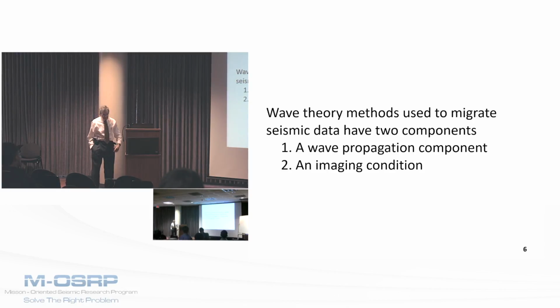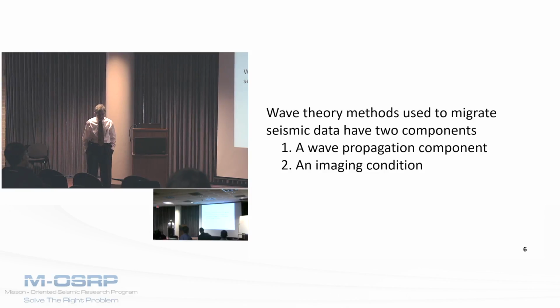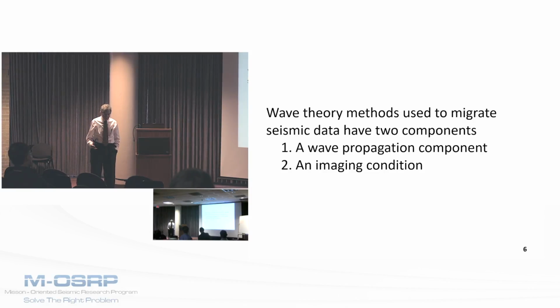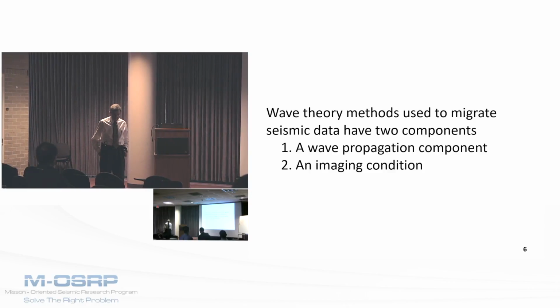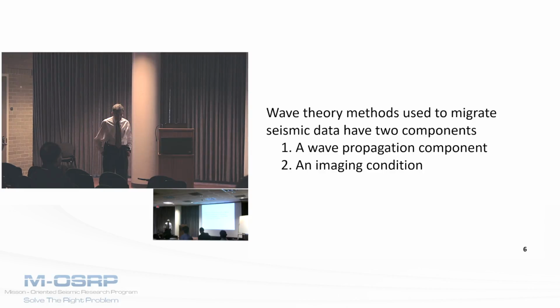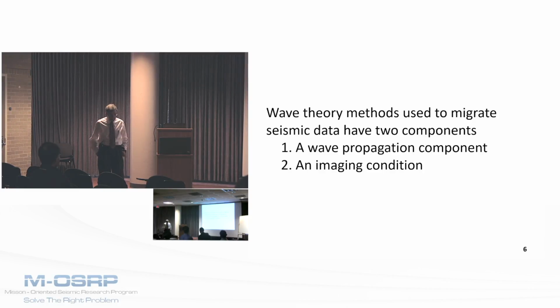In other words, methods that use wave theory for migration have two components. The activity they use for wave theory for migration had its golden age in the 1970s. John Claerbout, Bob Stolt, Schneider, French, people of that time.